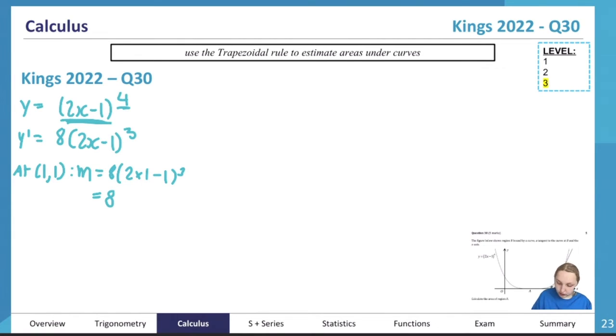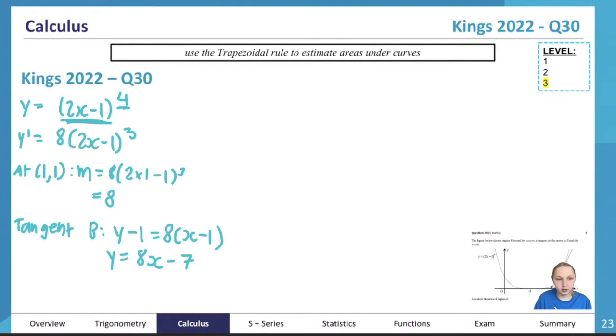The tangent at B is going to be y minus y1 equals m(x minus x1). Simplifying that, we get the equation of our line as y equals 8x minus 7.